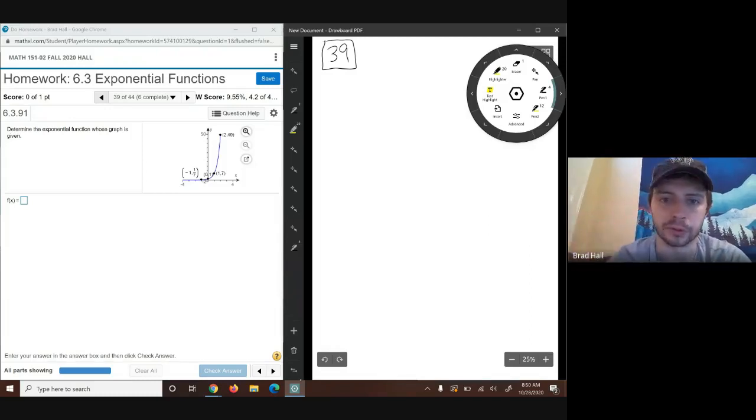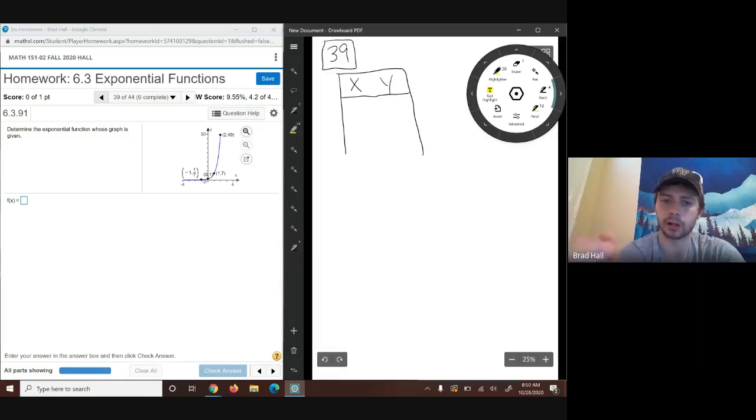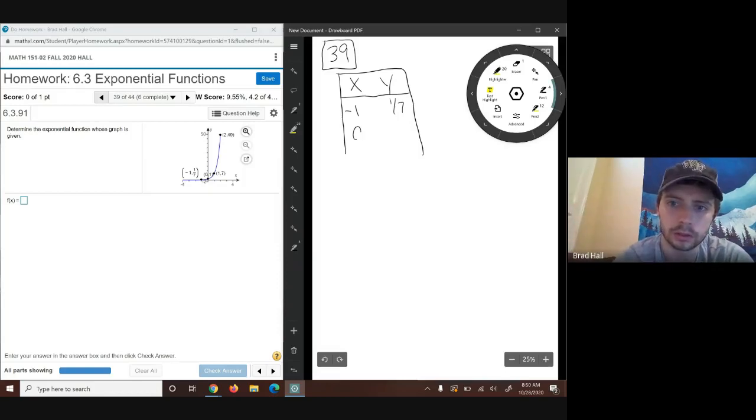That problem had an X and a Y and gave all the ordered pairs. This gives the same information, but with an illustration, so it's even more helpful. We've already done this problem before. It just is giving us the information in a different way.